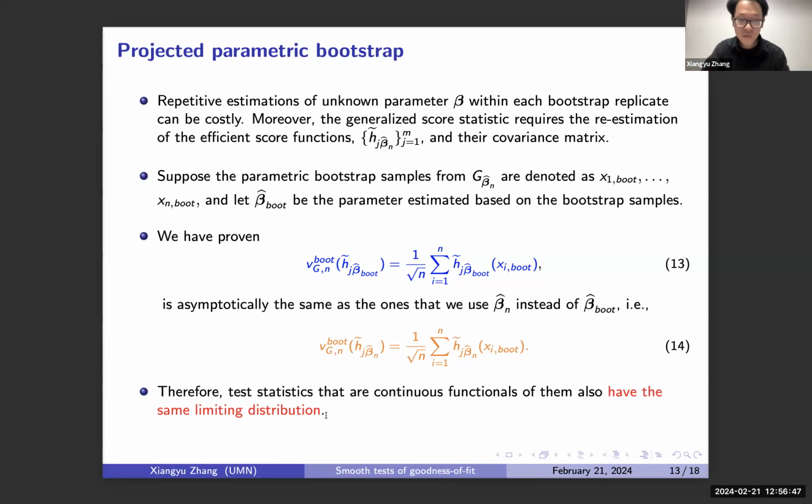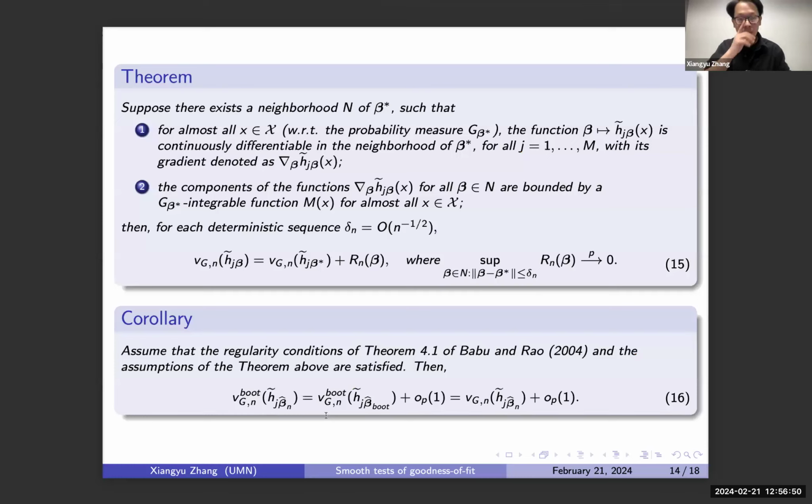What we prove here relies on very mild assumptions. We only require that h tilde j of beta is continuously differentiable, which is a very simple condition, and that the components of each gradient of h tilde j of beta are bounded by an integrable function M of x, which is also a reasonable assumption.